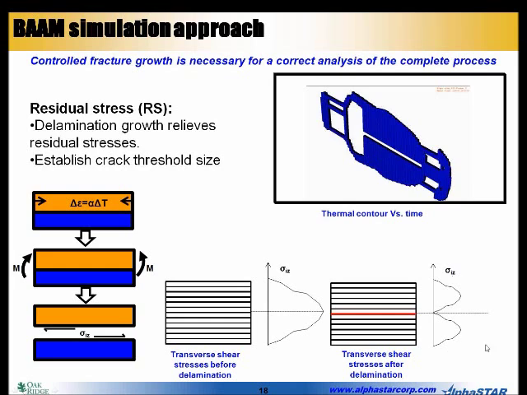So the stress state of the structure after the first delamination initiation or delamination growth is altered and is different from the situation where you would only look at delamination initiation. For this reason, we also included the delamination growth or fracture growth in order to have a more realistic simulation of the entire process.